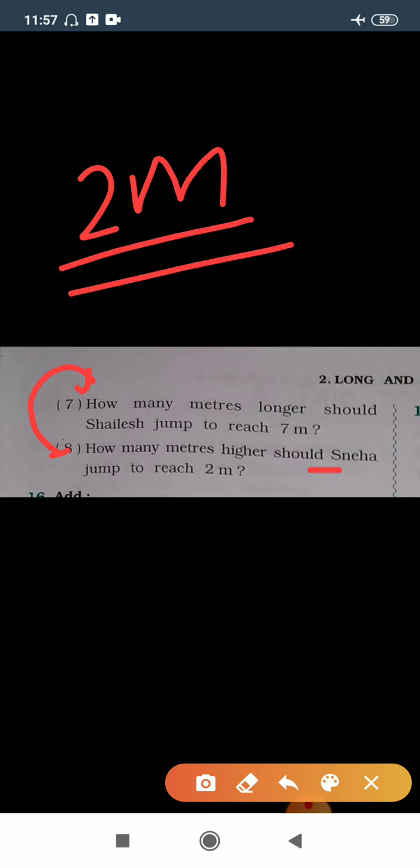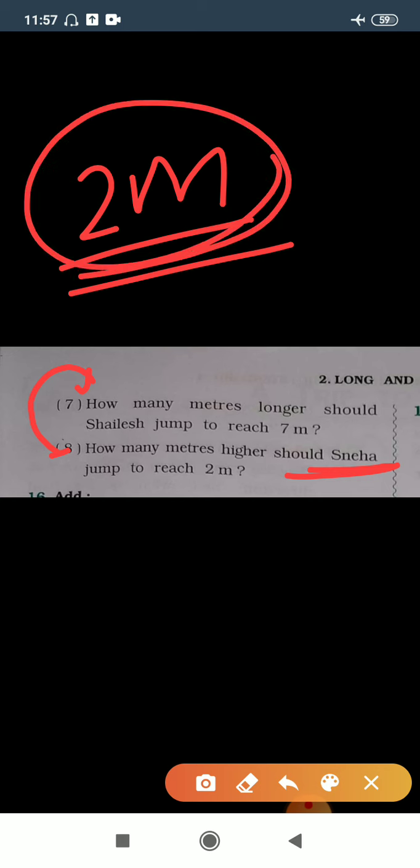Now question number 8, how many meters higher should Sneha jump to reach 2 meter? Now in question number 8 the same method is followed like question number 7. The 2 meter is given, okay, and we need to subtract Sneha's jump to find out how much higher she should go to reach 2 meter. So let's see.